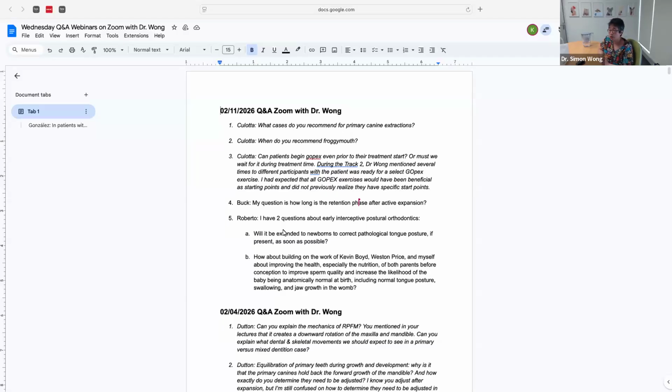So the retention phase in postural orthodontics is dependent on how quickly the child develops change to their posture from poor to optimal, and also the biological age that we finish the therapy and at what point the teeth start to change over.